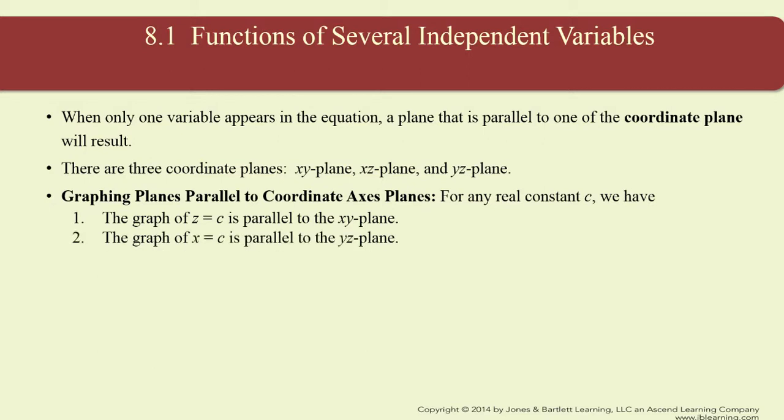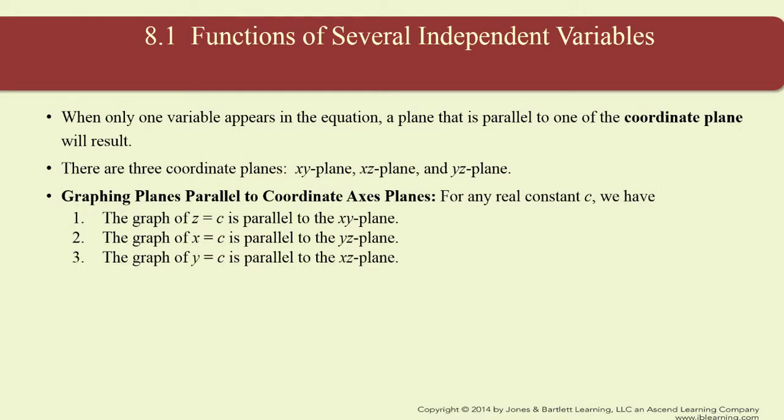The graph of x equals c is going to be parallel to the yz plane. So if you graph the plane x equals 5, you're plotting all points that have an x coordinate of 5. And it's going to be parallel to the board. I always consider the board in our classroom to be the yz plane.